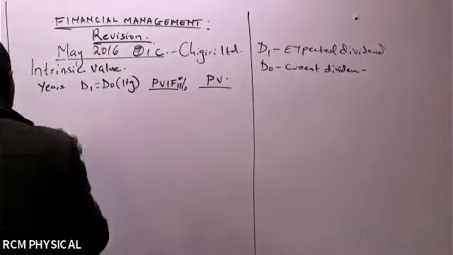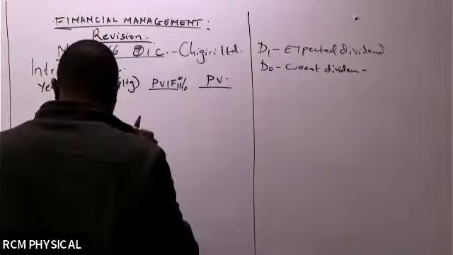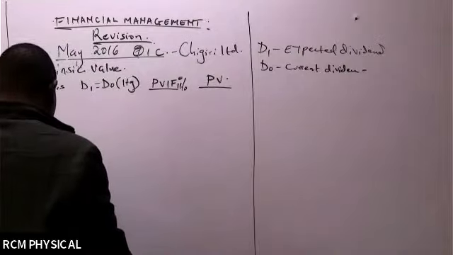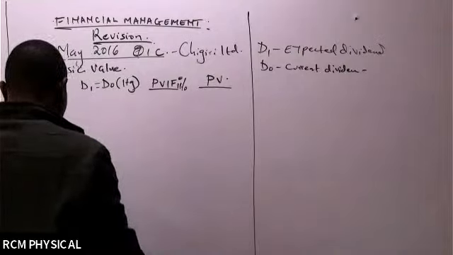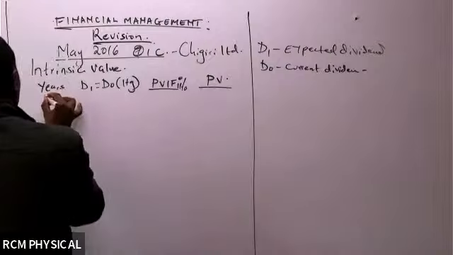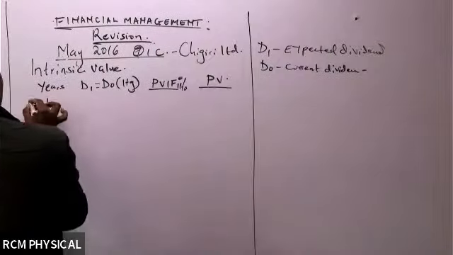So in this case, I have been told that this dividend is expected to grow at a rate of 15% per annum for 2 years. So year 1, year 2, the dividend will grow at a rate of 15%.